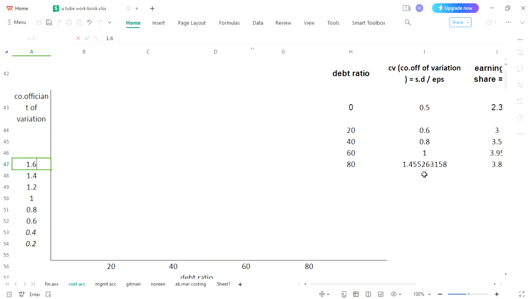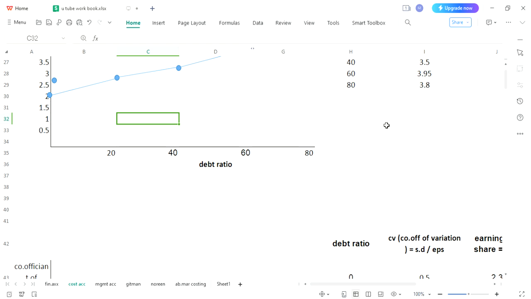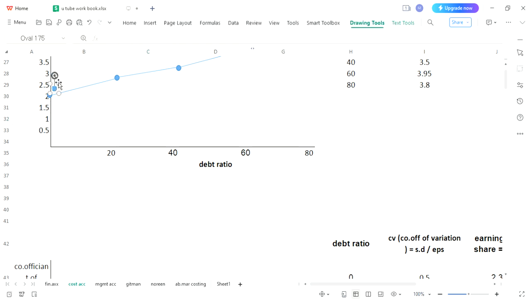Okay, our requirement has been completed. Now we will be posting our points. Let's take this point over here to use in a similar way.